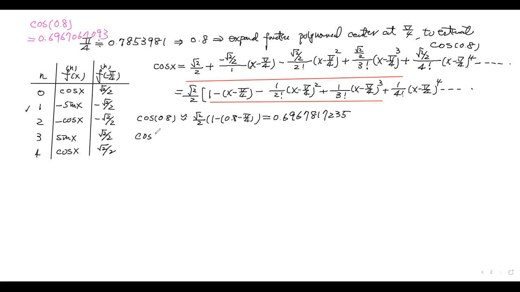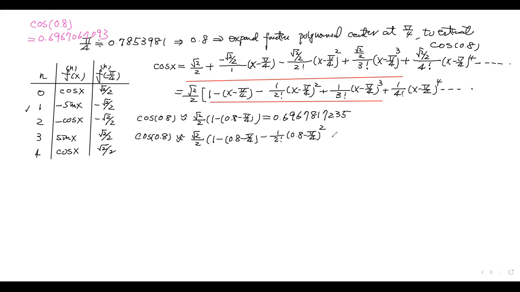Or you can say cosine 0.8, I can approximate by using one more term. So this will be 1 minus (0.8 minus pi over 4), then minus 1 over 2 factorial times (0.8 minus pi over 4) squared, right?